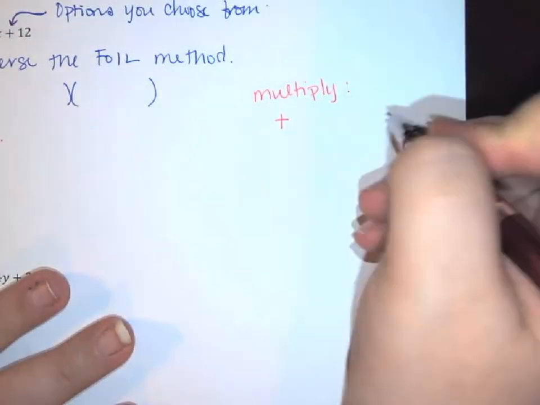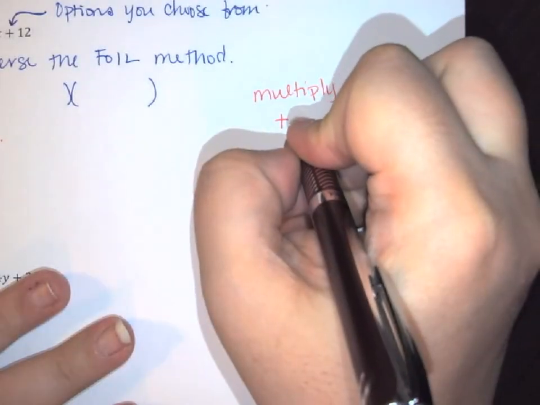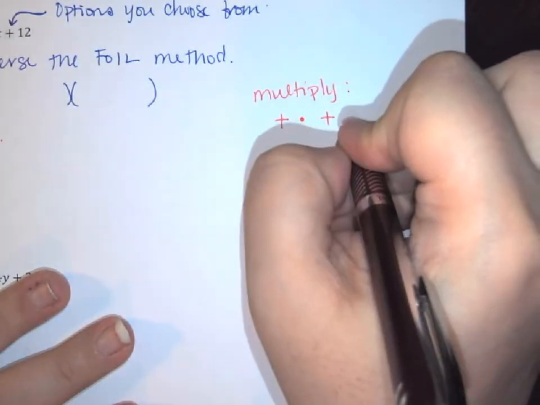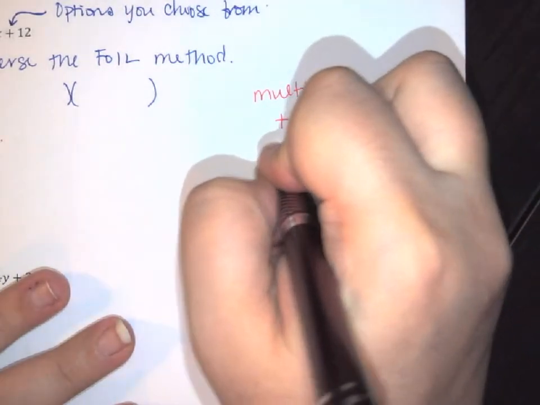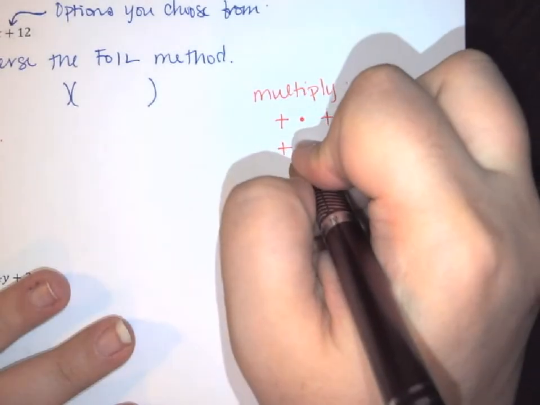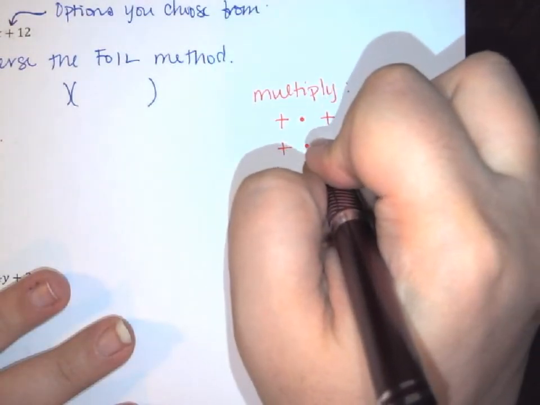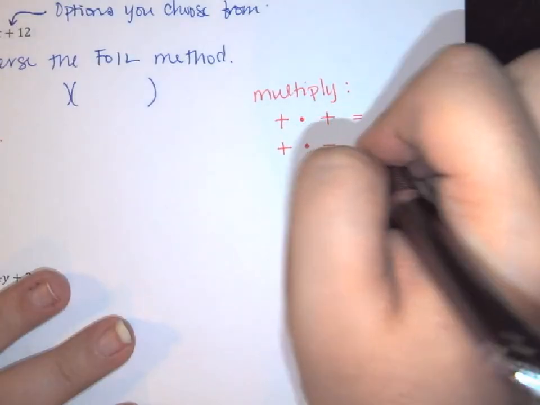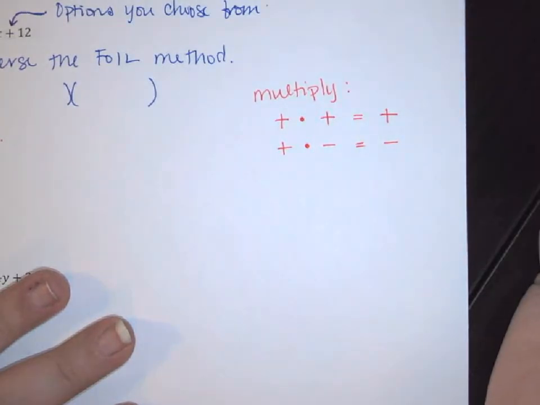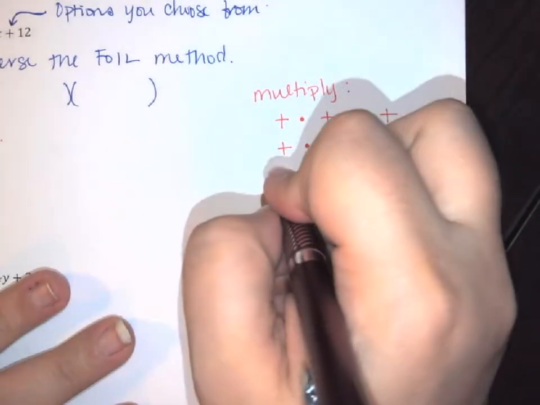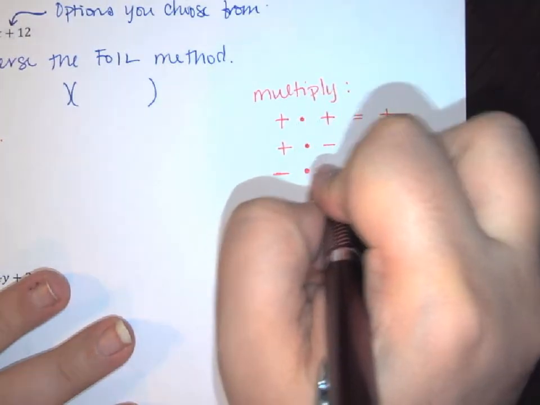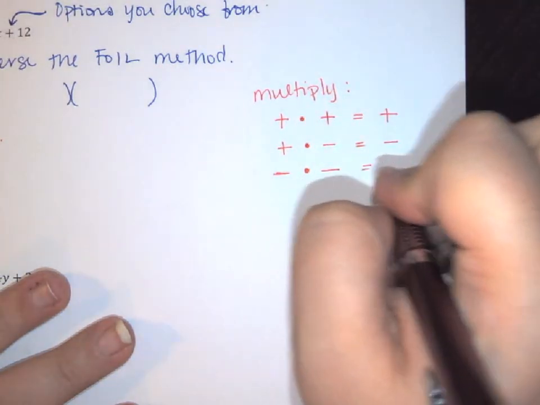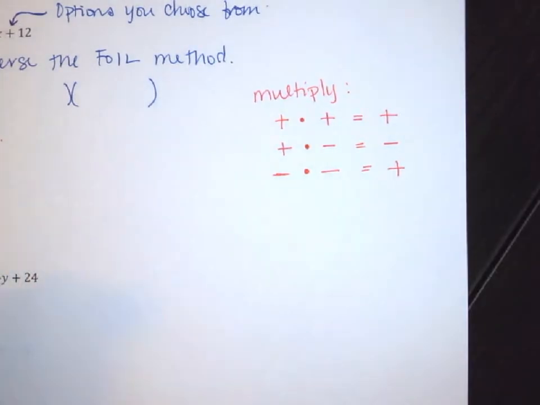If you start out with a positive term and you multiply that by a positive term, you get a positive as a result. If you start out with a positive term and you multiply by a negative term, you get a negative as a result. However, if you start with a negative and you multiply with another negative, you get a positive result.